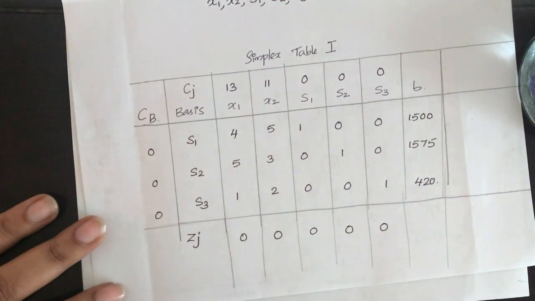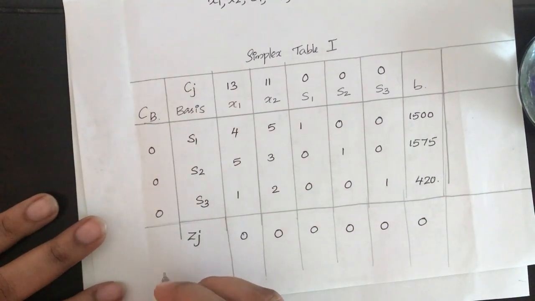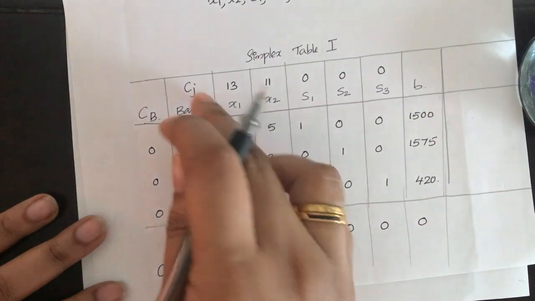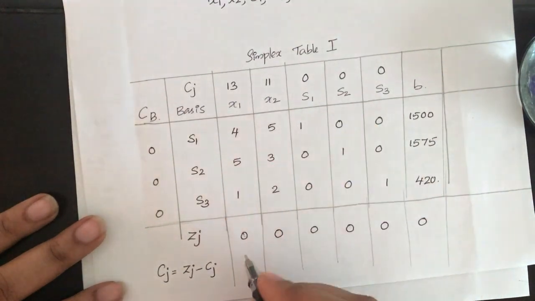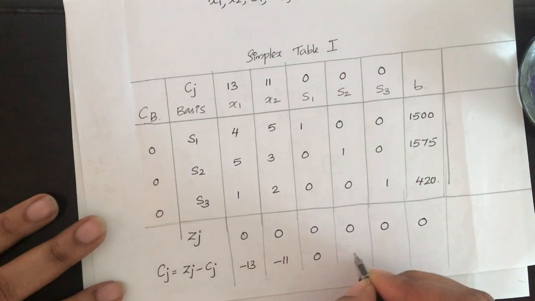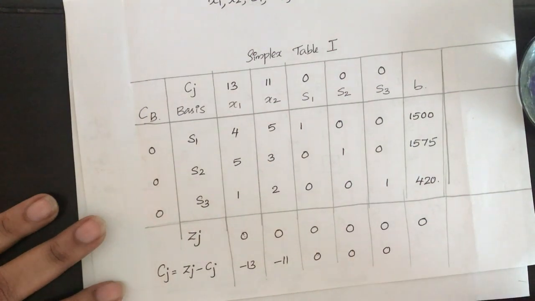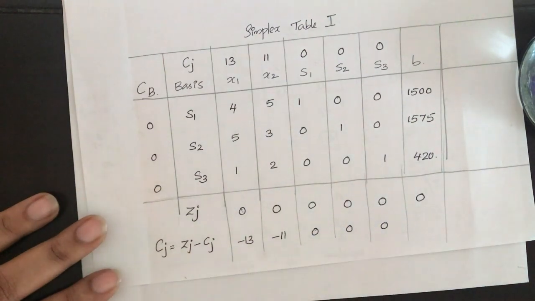B value is also 0. Now we find Zj minus Cj: 0 minus 13 is minus 13, 0 minus 11 is minus 11, 0 minus 0, 0 minus 0, 0 minus 0. Which is the lowest negative value? Minus 13.